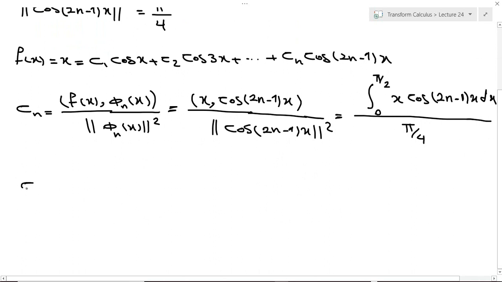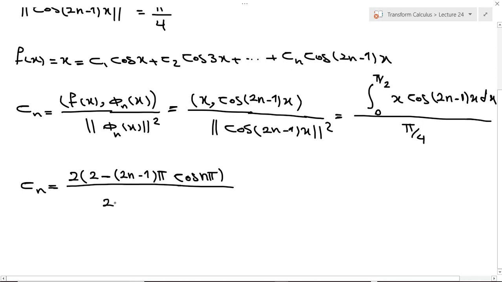If you find it, you have to find cn by integration by parts, and you can see that it's equal to 2 times (2 minus (2n minus 1) times pi times cosine n pi) divided by (2n minus 1) squared times pi.